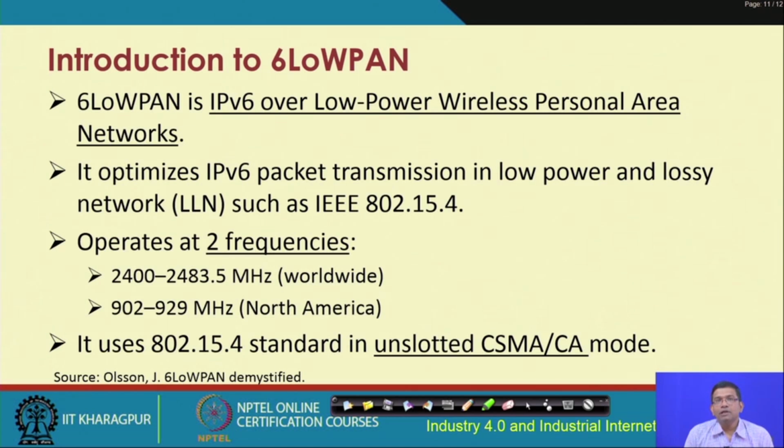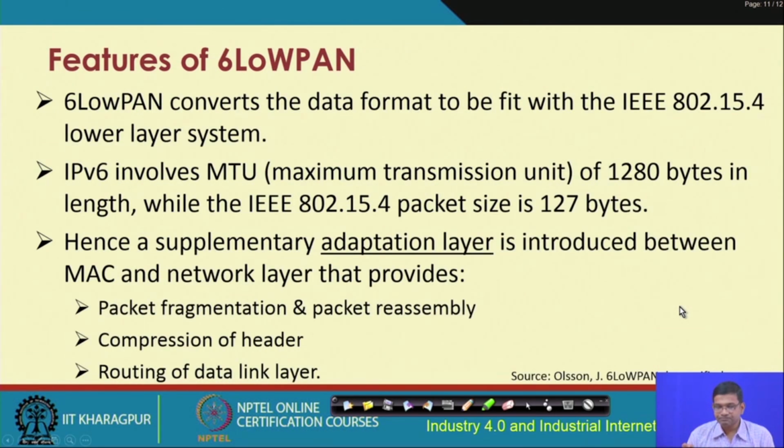One is the 2400 to 2483.5 megahertz frequency band, which is used worldwide, and the other one is in North America, the 902 to 929 megahertz band. It uses the 802.15.4 standard in the unslotted CSMA-CA MAC protocol mode. So, this is a MAC protocol, unslotted CSMA-CA.